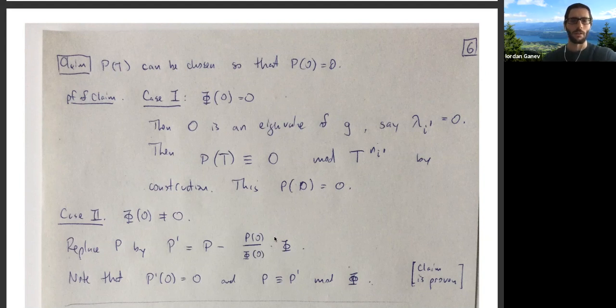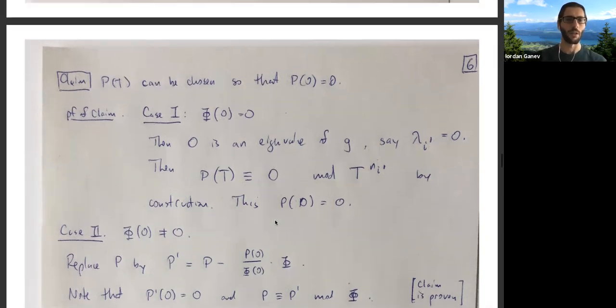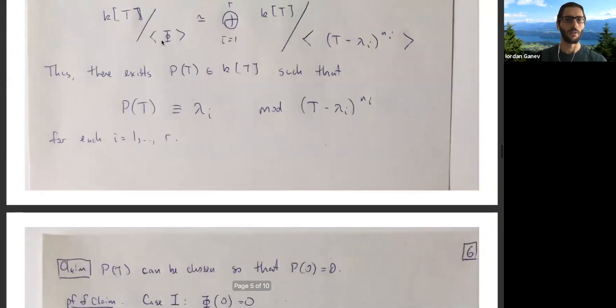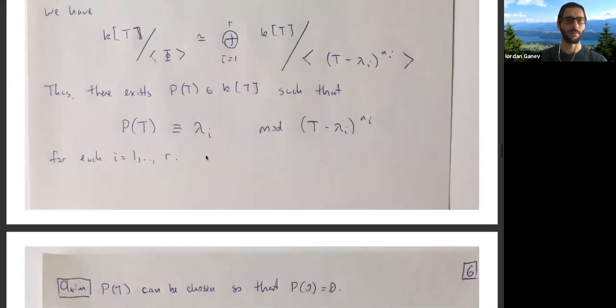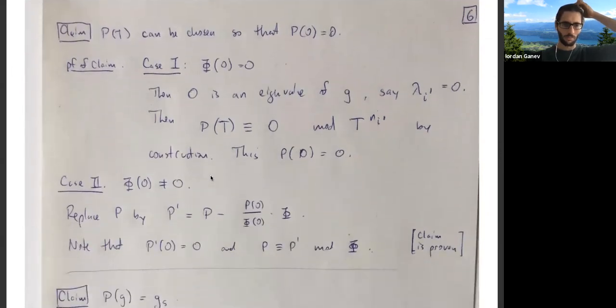And we use the Chinese remainder theorem again, because we only choose p up to phi, because we mod it out by phi here to get this isomorphism. Okay, so that's just some basic linear algebra.